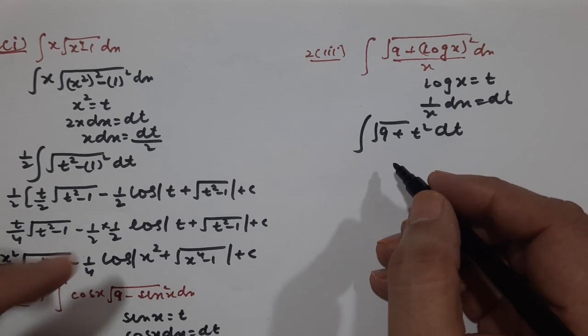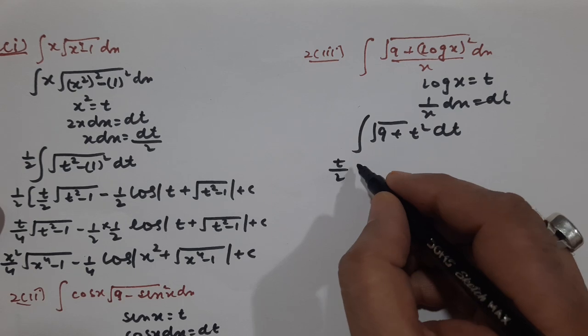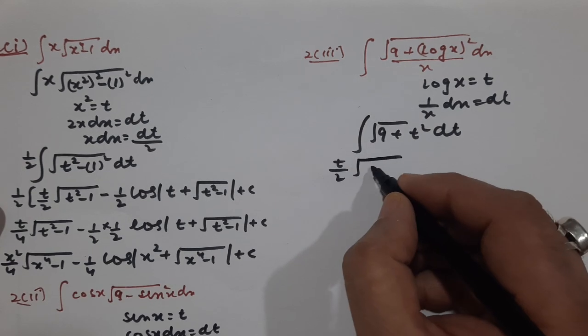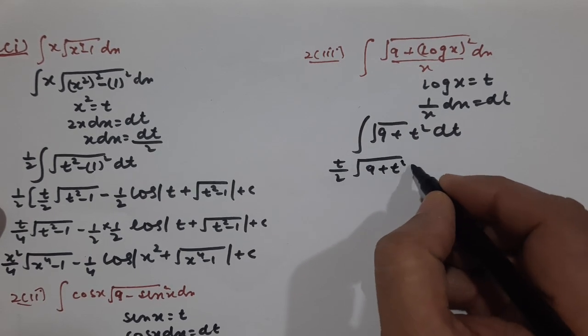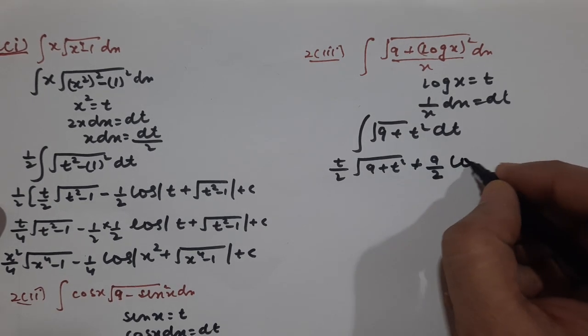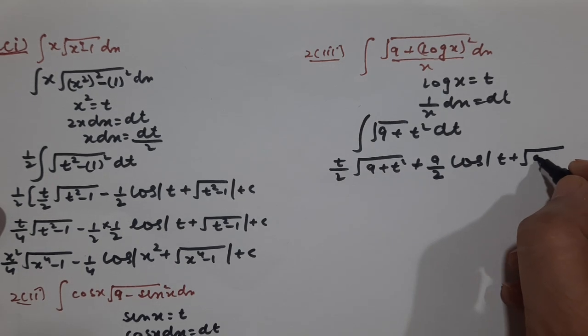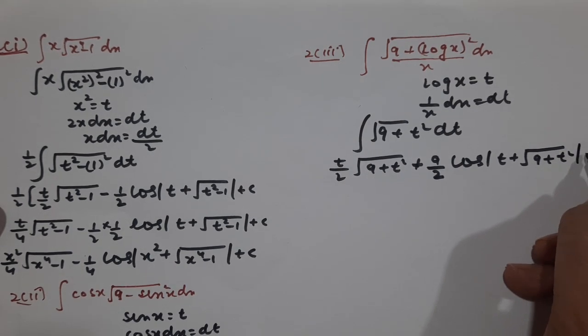Now the formula is x upon 2, means t upon 2 under root a square plus x square plus a square upon 2 log t plus under root x square plus a square.